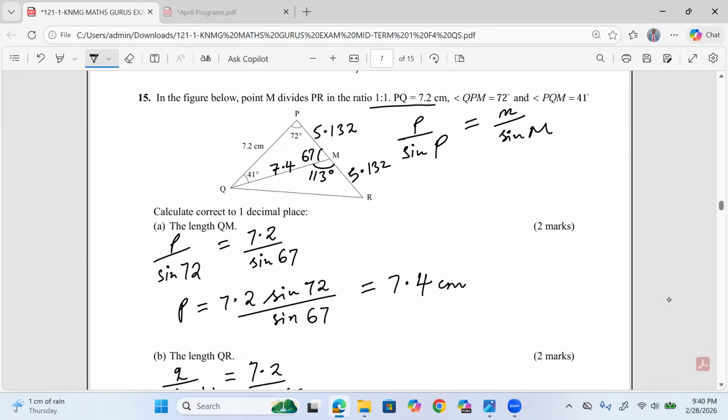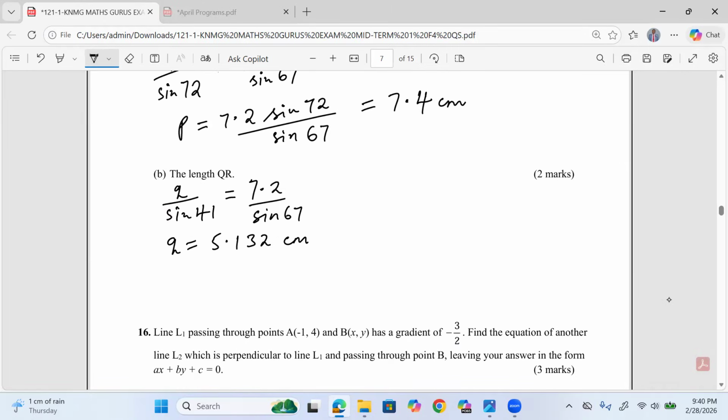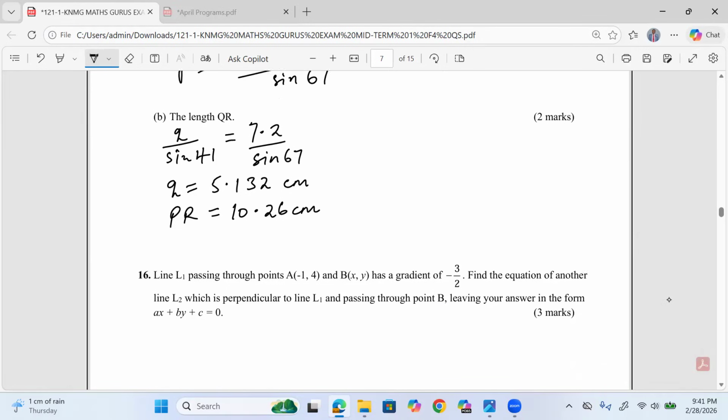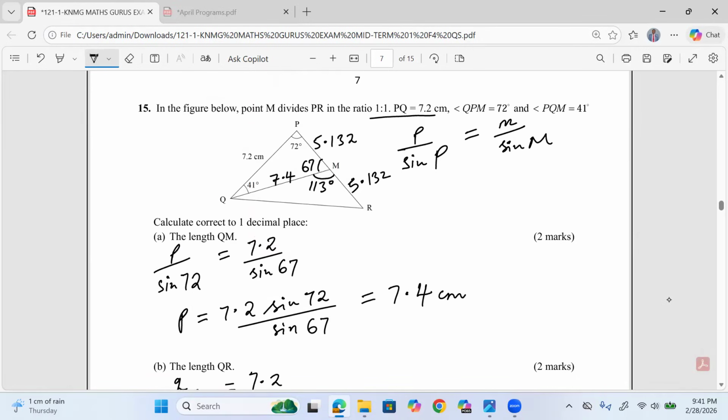Then we will have the angle at P known, but the opposite length to P is not known. Using the original triangle, the length PR shall now be equal to 5.13 times 2, and this shall be 10.26 centimeters.